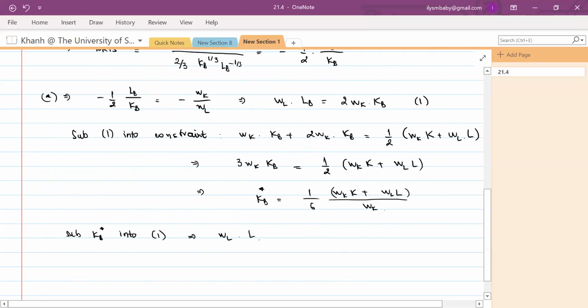Okay, so from here we know that WL times LB is equal to 2WK times KB. And in this case, KB is 1/6 WK times K, WL times L, and everything divided by WK.